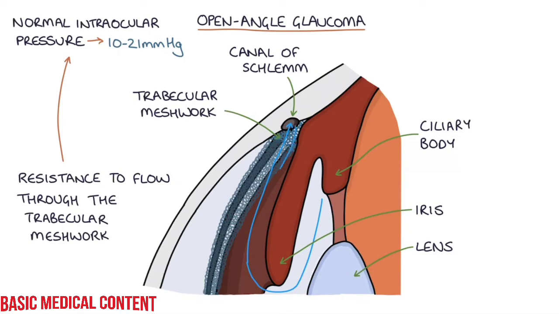So aqueous humor is trying to flow through the trabecular meshwork out of the eye, and if there's more resistance in the trabecular meshwork, the pressure will go up because there's more resistance of aqueous humor trying to escape the eye. If there's less resistance, the pressure will go down because the aqueous humor is able to flow more freely out of the eye.